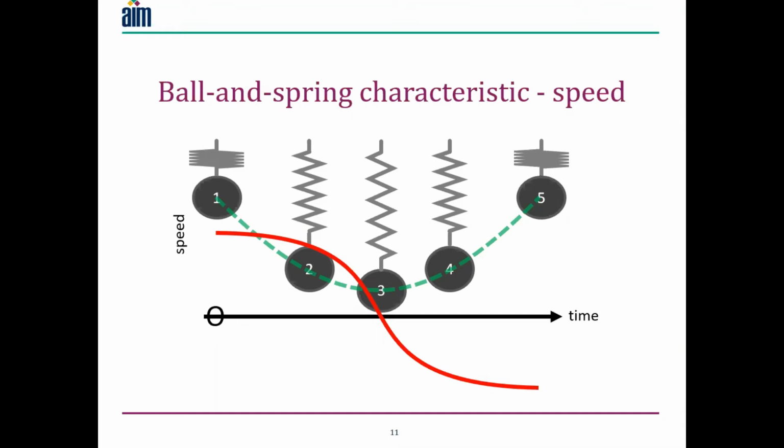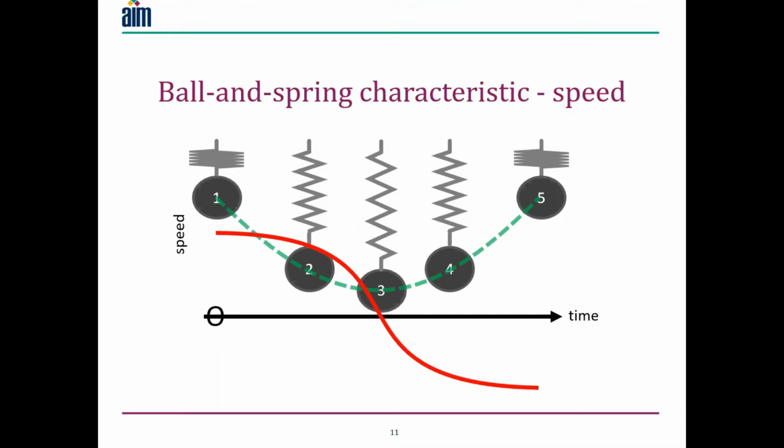But let's look at it. So in this graph, again, the horizontal axis is time and the vertical axis is speed, and the graph that we're looking at is the red graph. You can see that the ball starts with a high speed, and then as the spring starts pulling on the ball, it is slowed down.